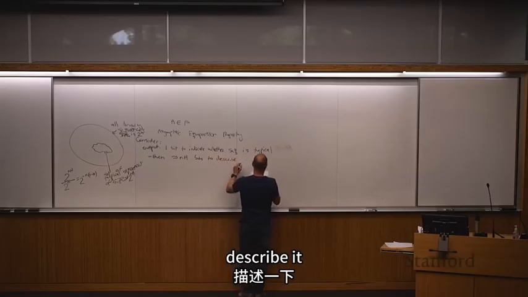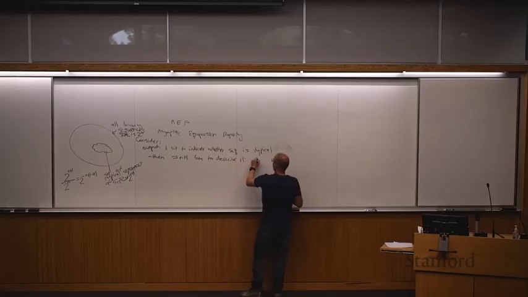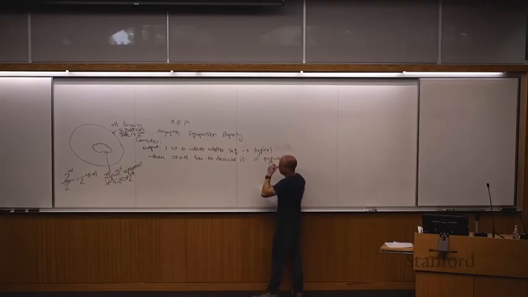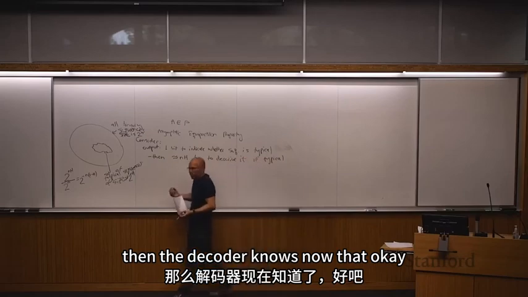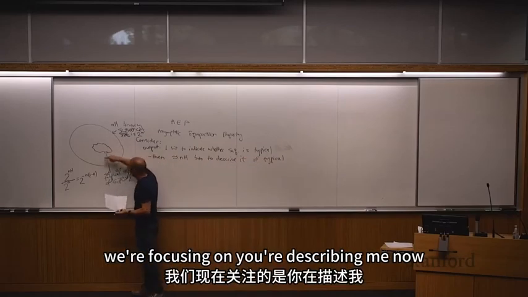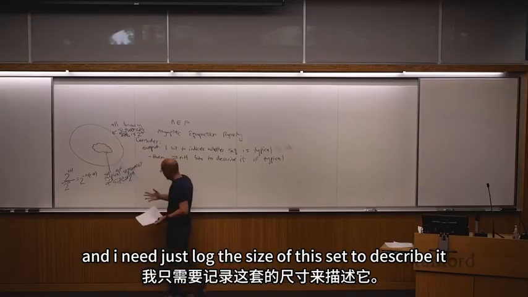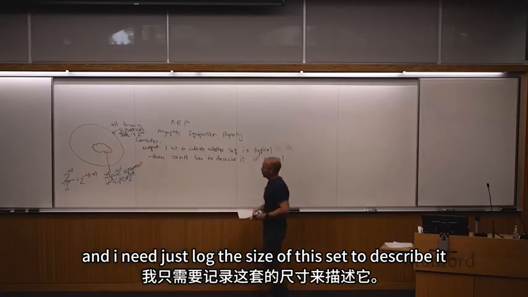So if it was typical, then the decoder knows we're focusing on just one possibility from here, and I need just log the size of this set to describe it.